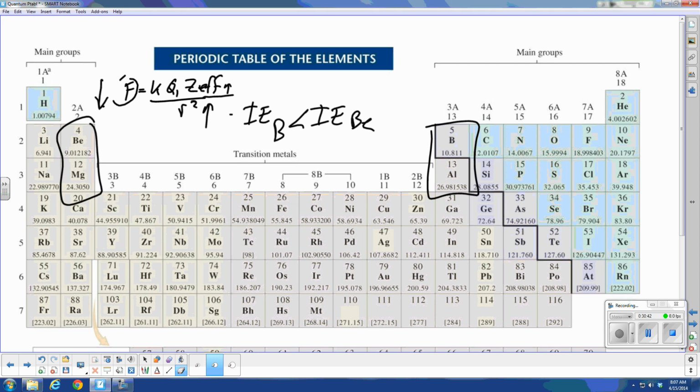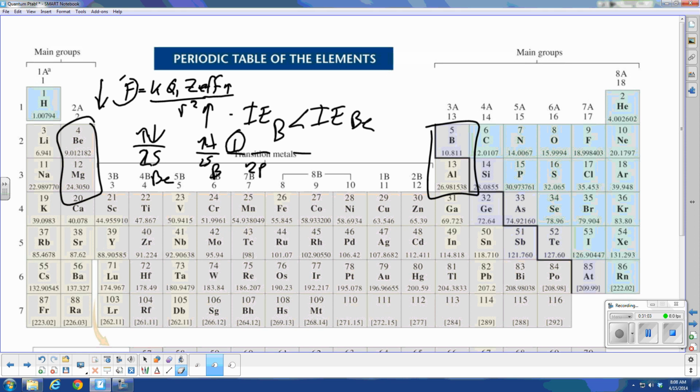Now, why is that? Well, we'll just look at the second energy level. In beryllium, I have a 2s2, right? That's beryllium. In boron, I have a 2s2 and one 2p.